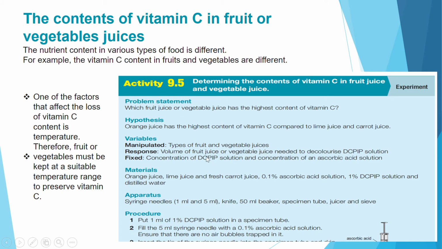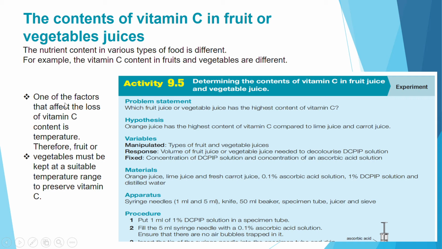Okay, and we'll have to use this DCPIP solution to determine the content of vitamin C. This one is also another important experiment that you need to do in this chapter.